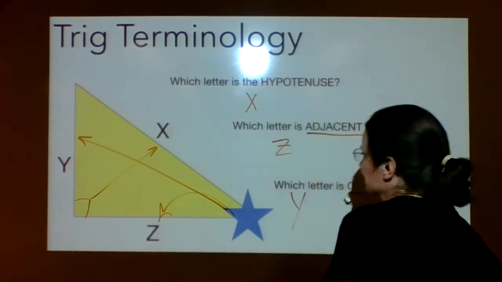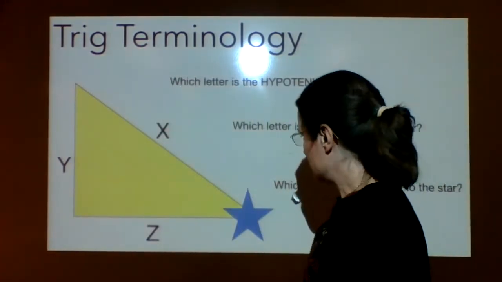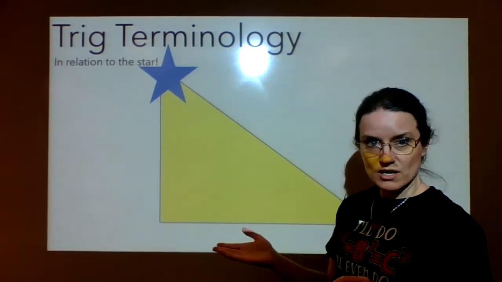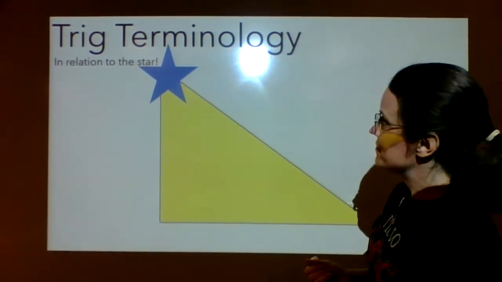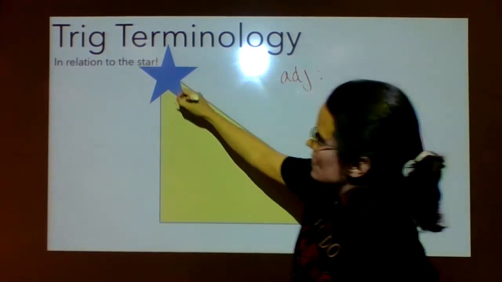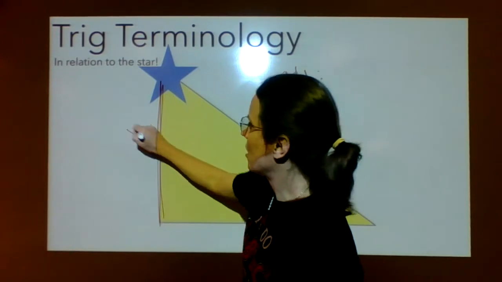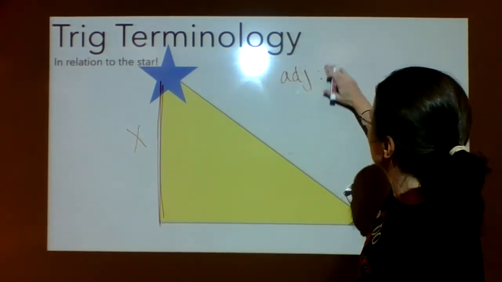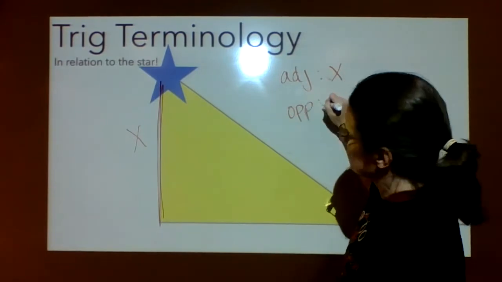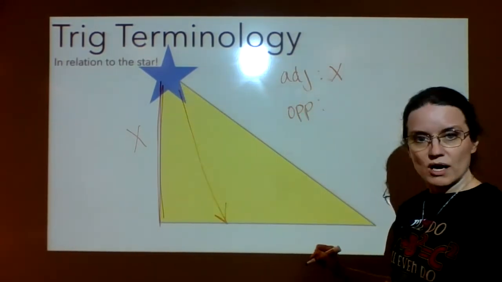Let's just clean a little bit off and move it on. So, in relationship to this star, the adjacent side is going to be this one right here. I'll call it X. The side opposite my star is going to be the one directly across from it.